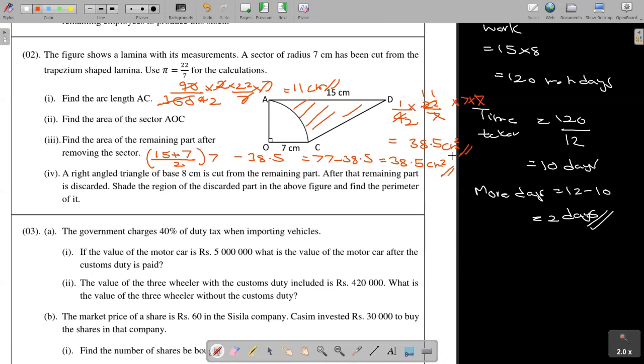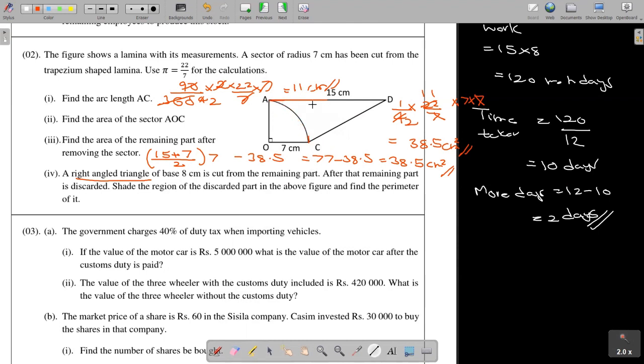Base 8. A right angle triangle. This is important. Right angle triangle. So you can't make triangles in this part. This is a curve. So this is 7. Then you can't get 8 centimeters from this part also. This is 7. You can't take this one as a base. So you have to take 8 centimeters from this 15 side. You can't take from here. Why? Then you will draw this one.